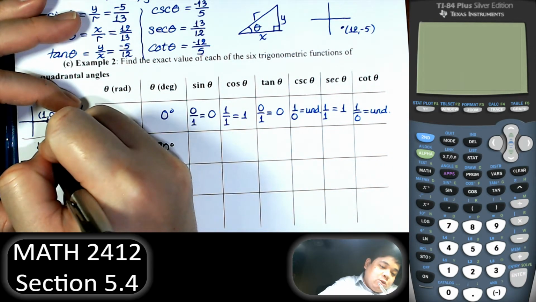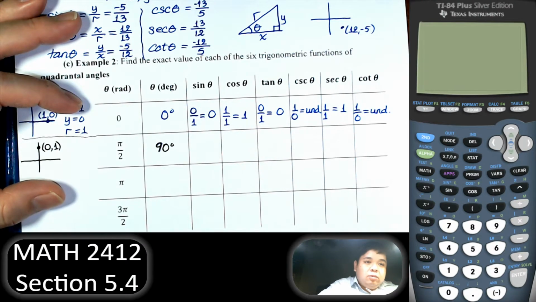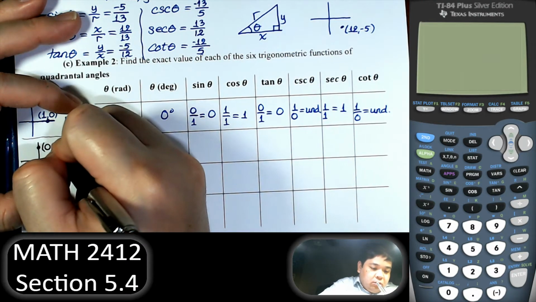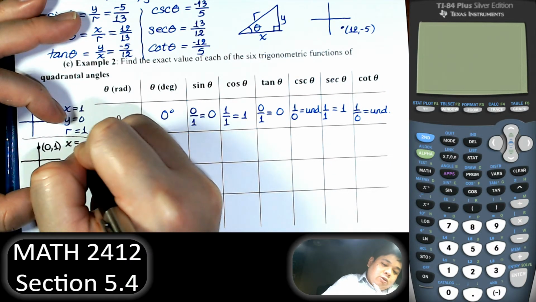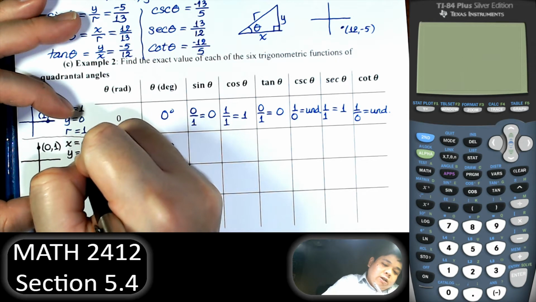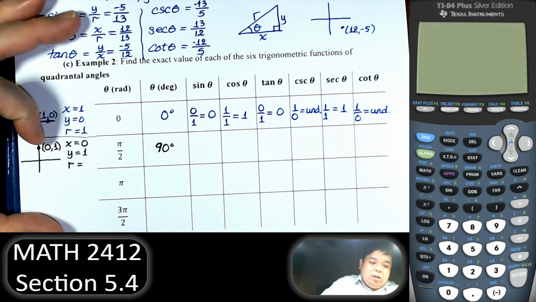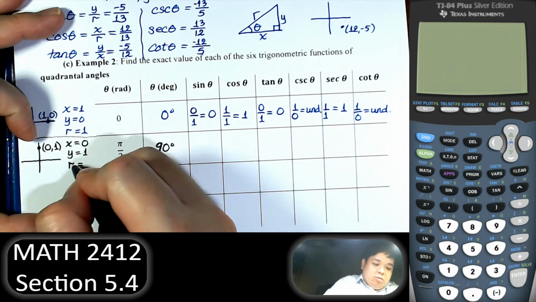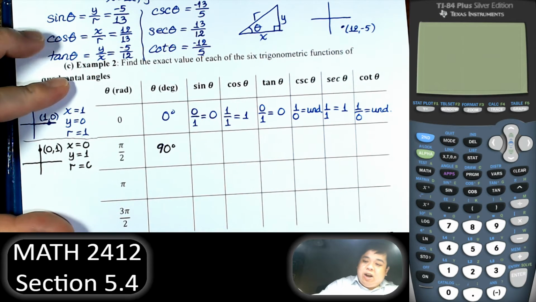So x is equal to 0, y equal to 1, and r, the distance from that point to the origin, is 1.